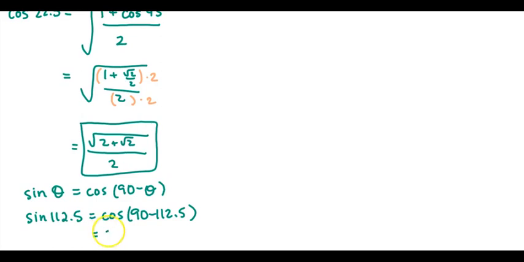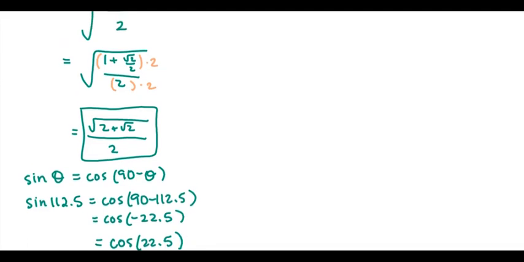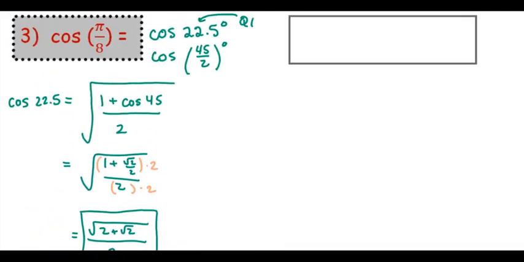That's actually cosine of negative 22.5. But then we have even and odd identities, and cosine is an even function. The cosine of negative 22.5 is equal to the cosine of positive 22.5. So that was interesting. We got to use those other identities that are on the card that we hardly ever use just to justify this answer and why it's the same as the last problem's answer.